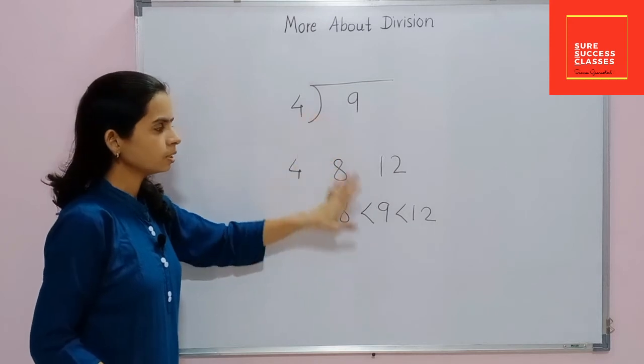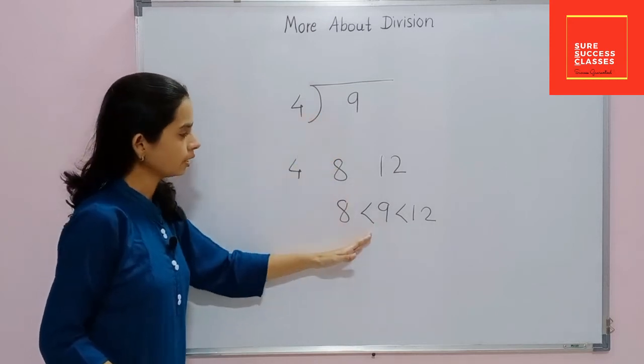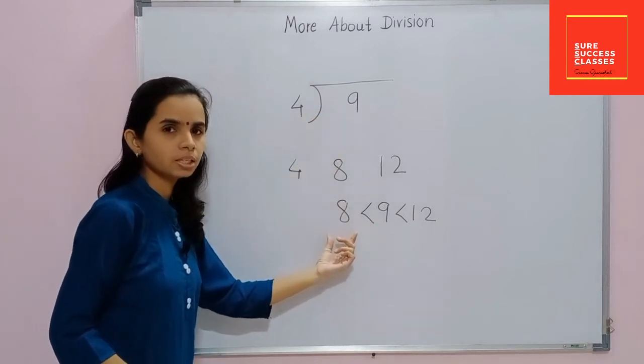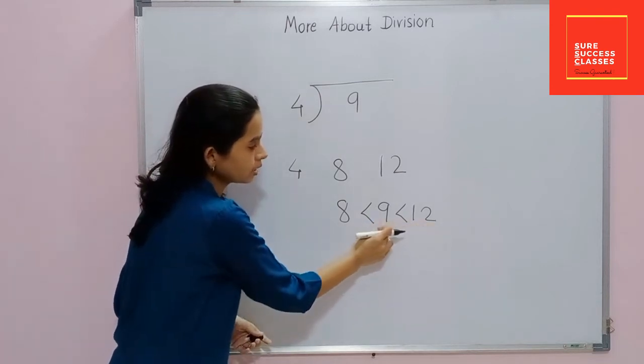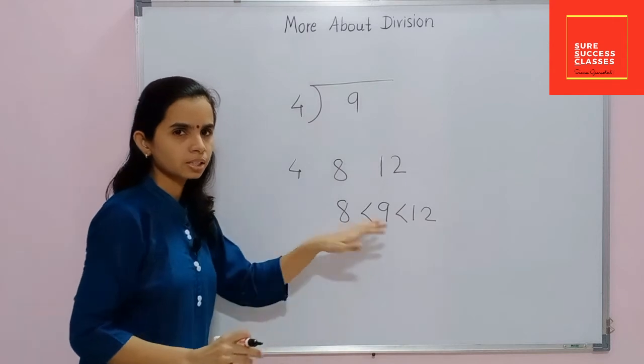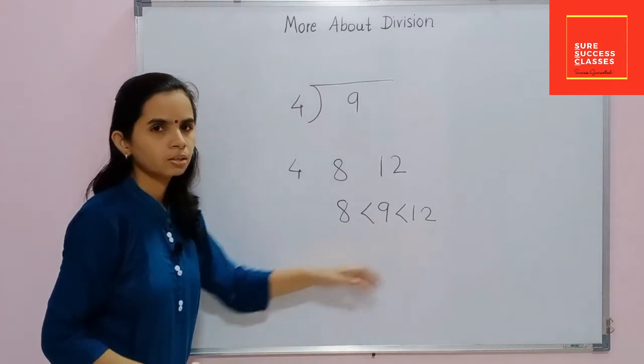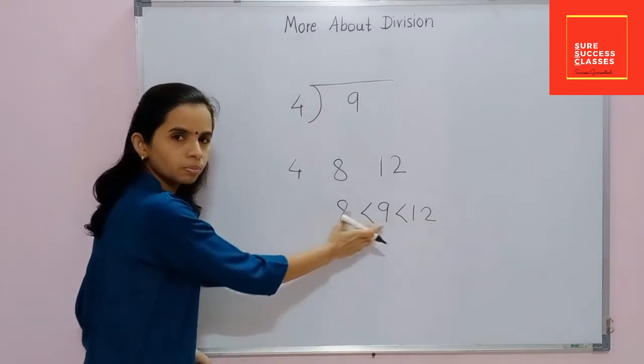in this table we can't get 9, but we get the nearest number to 9. 12 is greater than 9, so we can't subtract 12 from 9, but we can subtract 8 from 9.